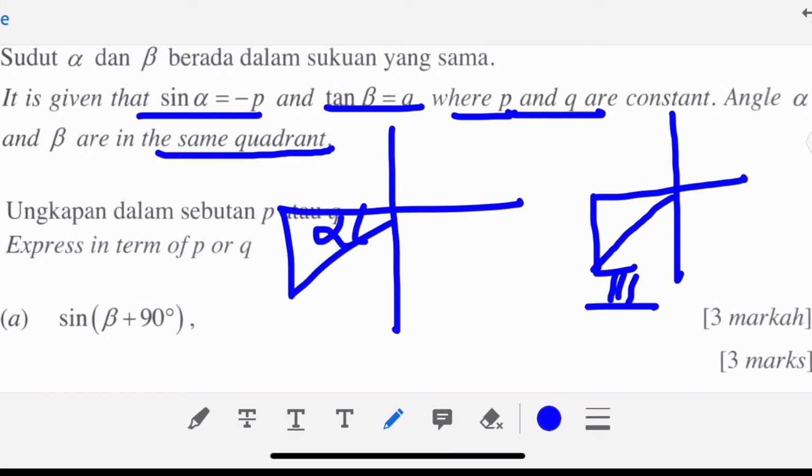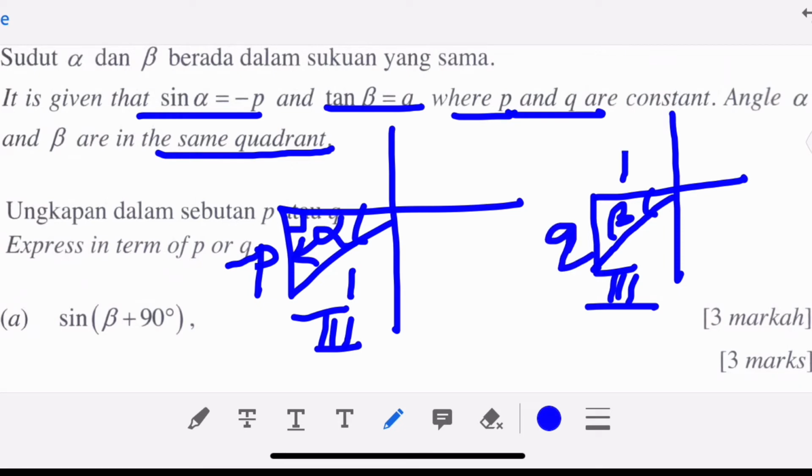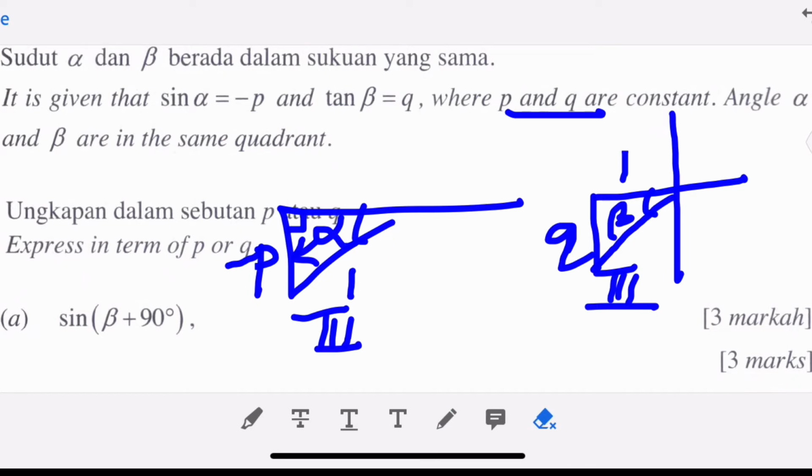Here will be alpha. If I'm going to use the third quadrant, I label the right angle. Sine will be negative p over 1, opposite over hypotenuse. And then for beta, tangent beta will be q. So that means this is q, this is 1. You understand?